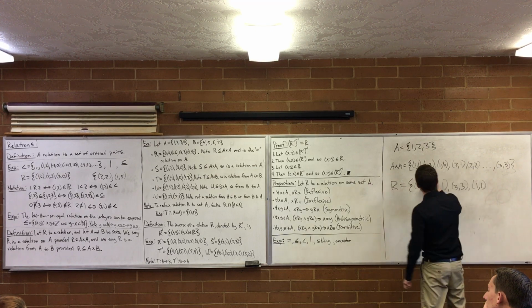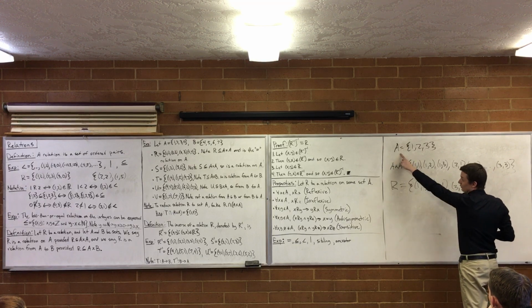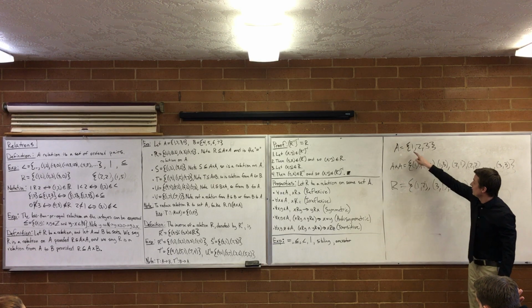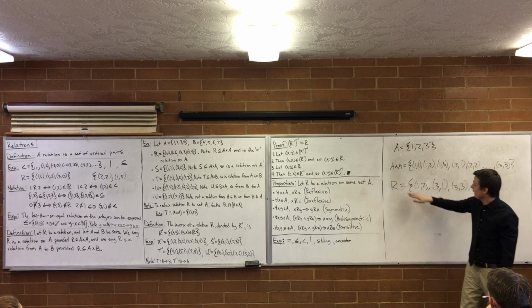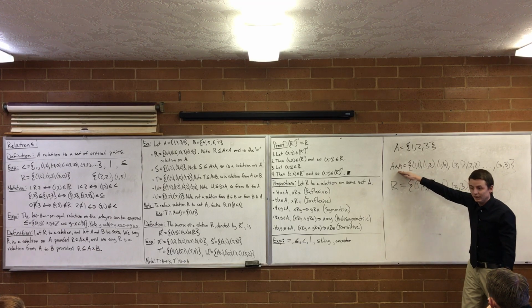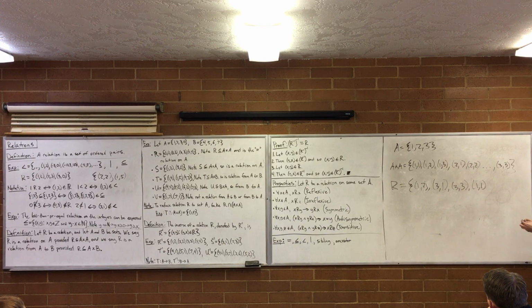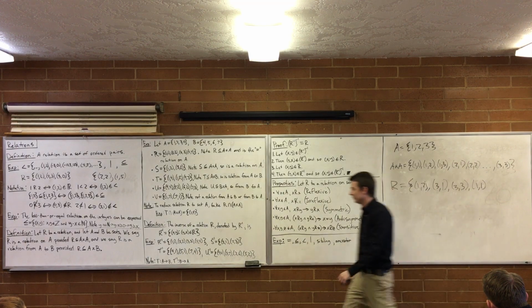There's a relation R. To say that R is a relation on A is the same as saying that every element on its left-hand side is in A and every element on its right-hand side is in A, which is the same as saying that R is a subset of A cross A. Those are all logically equivalent ways of thinking about it. You don't lose information.